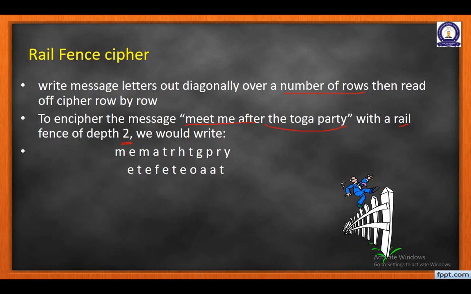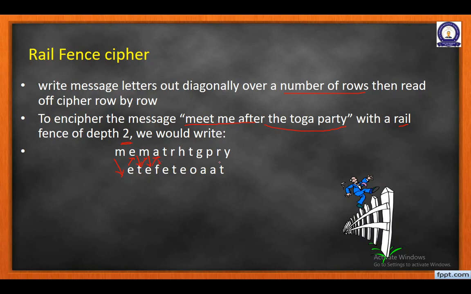Meet me after the toga party is the plain text, and I have to write it in 2 rows. See the way I have written: I will come here, M, E, here. Then my next letter is here. Then I write it here. You have to remember, or find out, what depth is given to you.